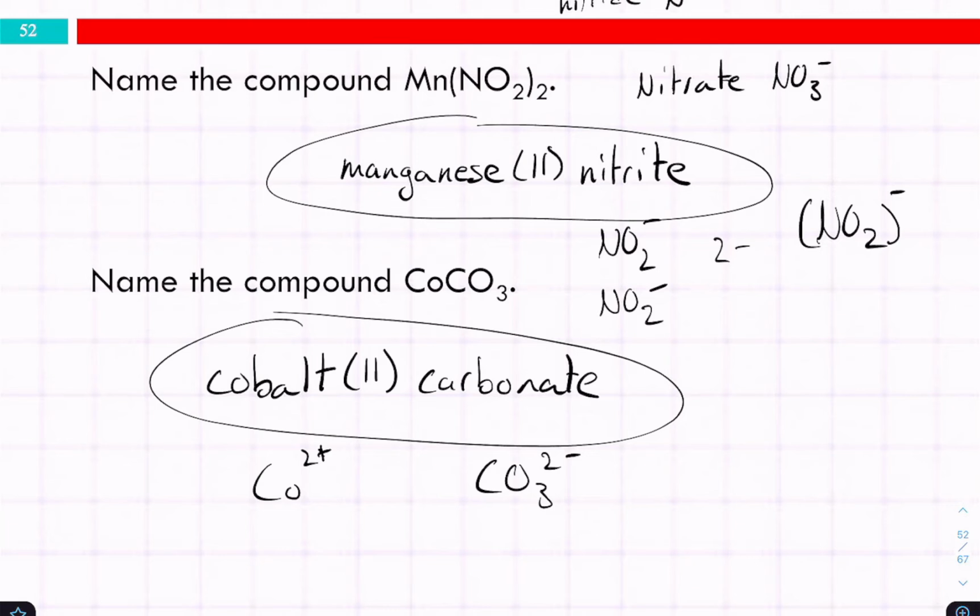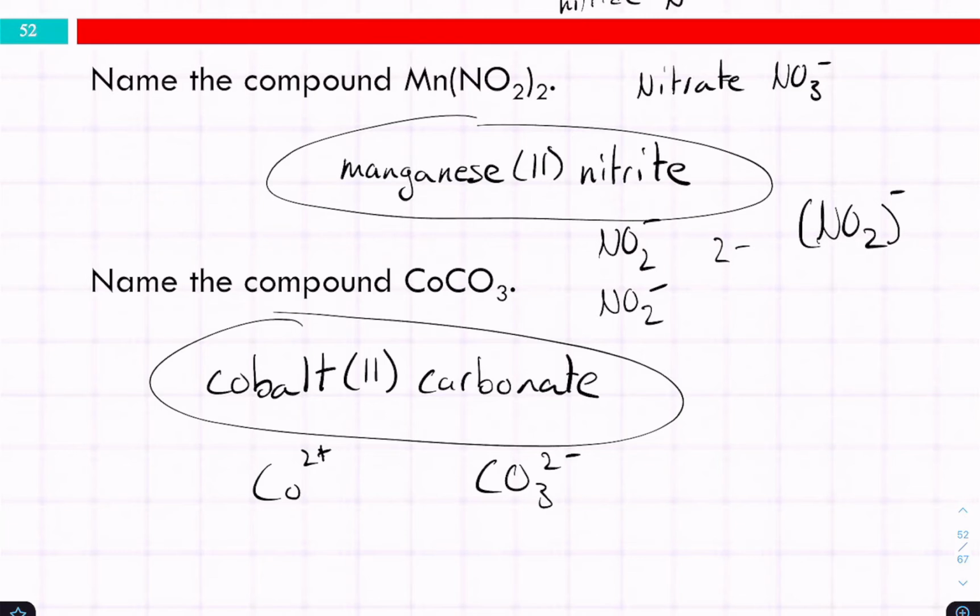So the key for these is to break them down into the individual pieces. When you get a compound and you have to name it, look at the first element, metal or non-metal. Make that decision. Now you're in ionic compounds. Is my metal one that forms multiple charges or single charges? Oh, it forms multiple charges. Okay, so we need to figure out what the charge on that metal is.